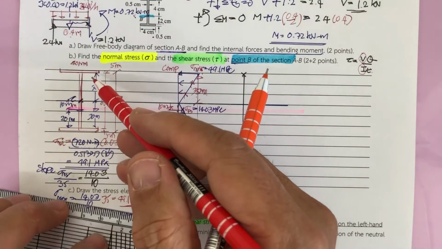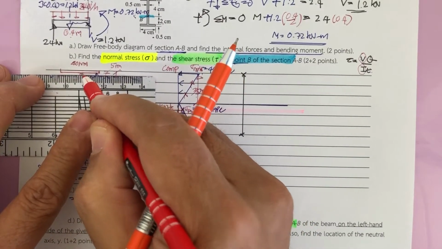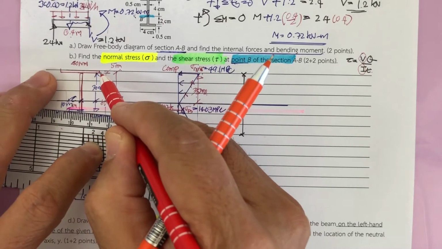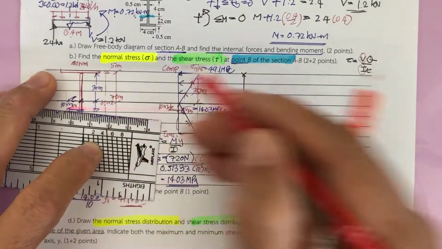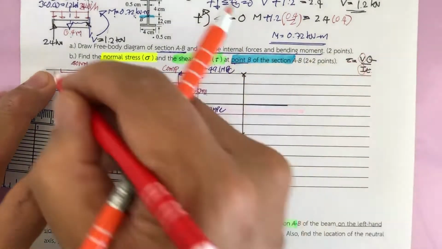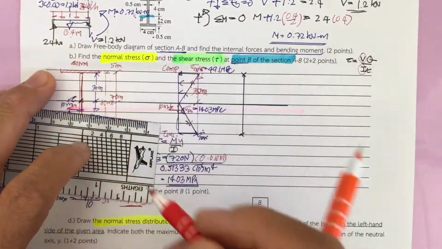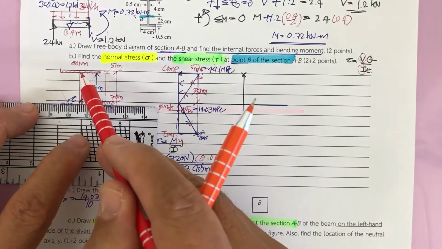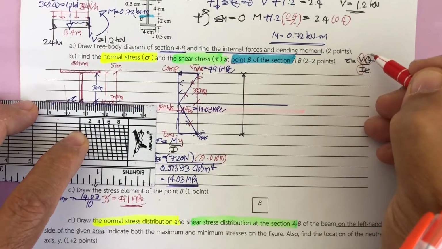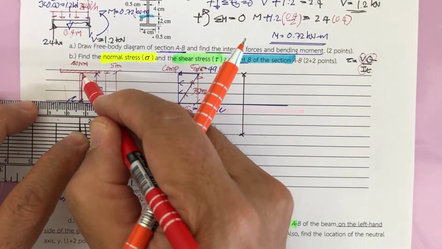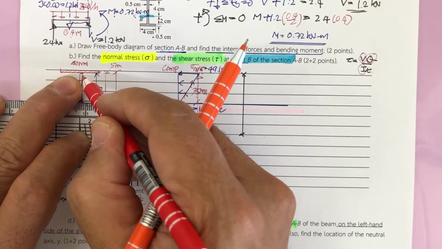If you consider this section, the joint between the web and the flange has different widths. That means if you compute using this equation, Q will depend on the area here, the moment of this area about the centroid of the section. Q is constant, so the stress at this point depends on the width of the flange and the width of the web.